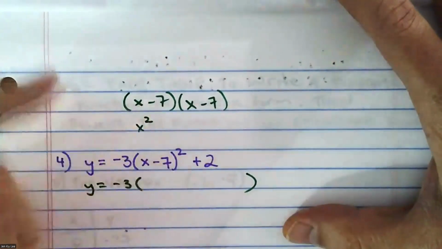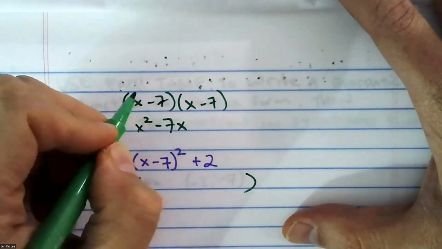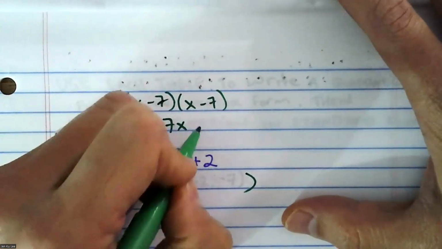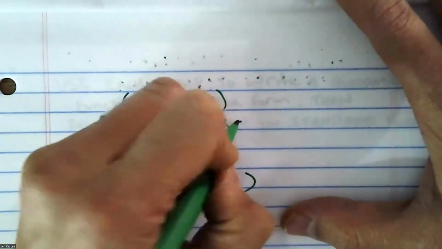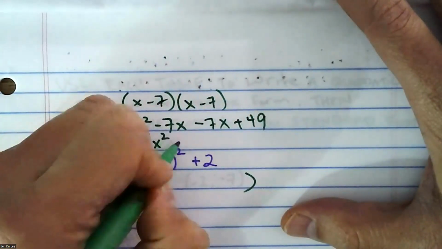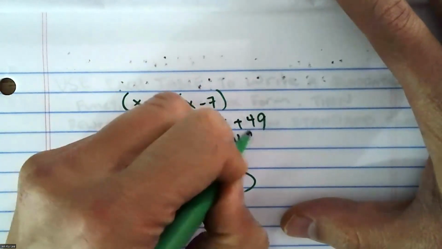Outside, which is x times negative 7, which is negative 7x. Inside, I'm just spelling out FOIL if you guys are confused, negative 7 times x is negative 7x. And then last, negative 7 times negative 7 is plus 49. If you gather the like terms, that's x squared minus 14x plus 49.